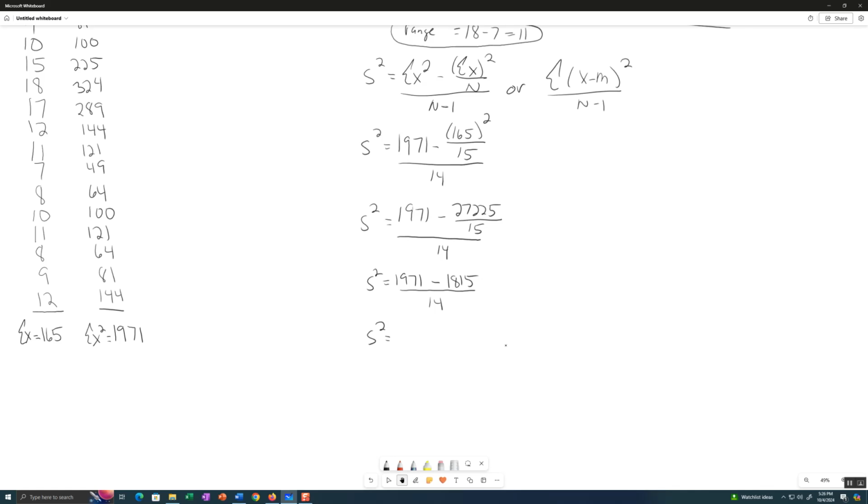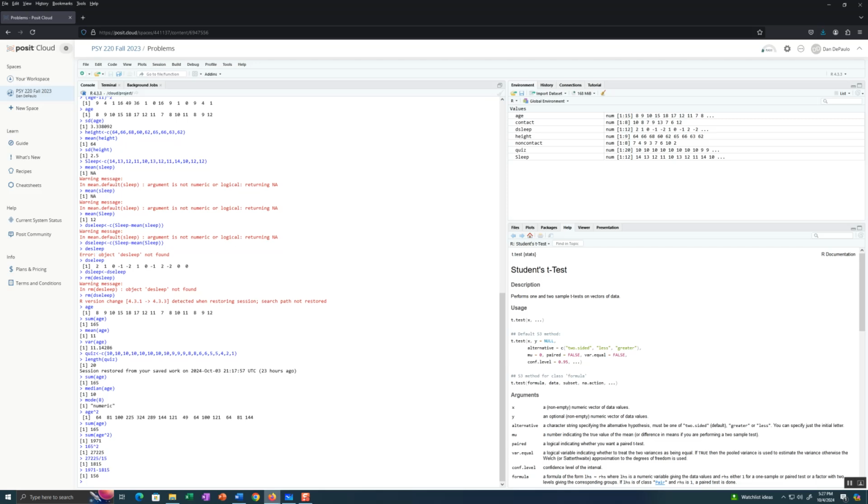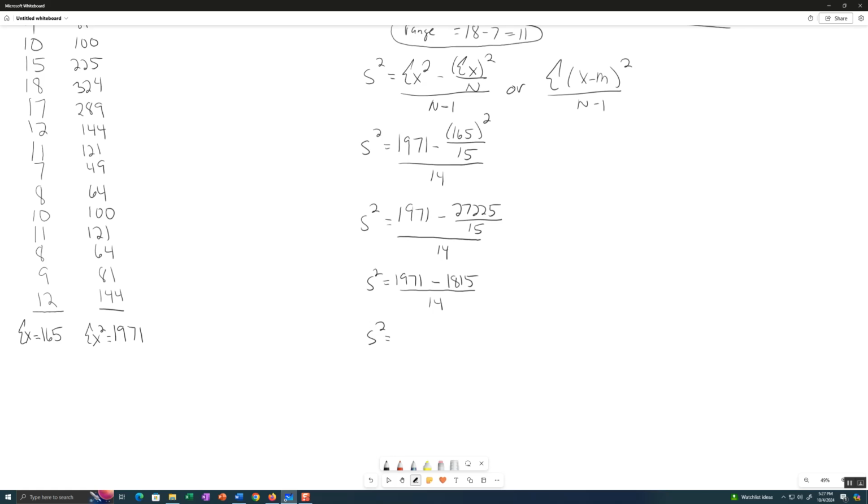I probably could do that in my head, but I'm going to be lazy and use R here. 1971 minus 1815. 156. I like doing things in my head when I can because it's good to keep your mind moving. We're so reliant on technology for everything.